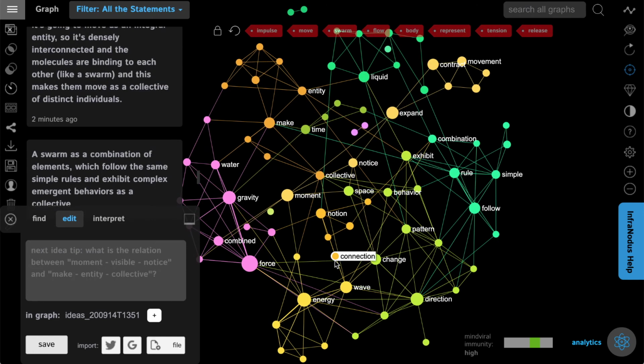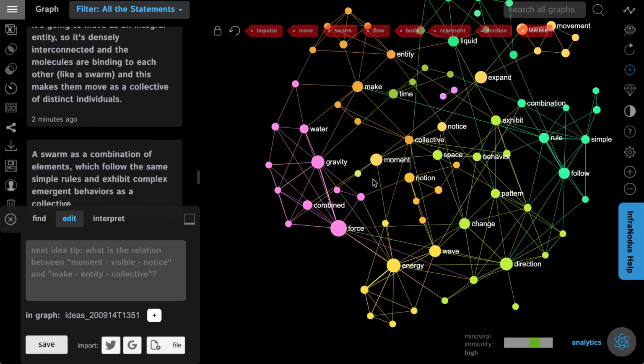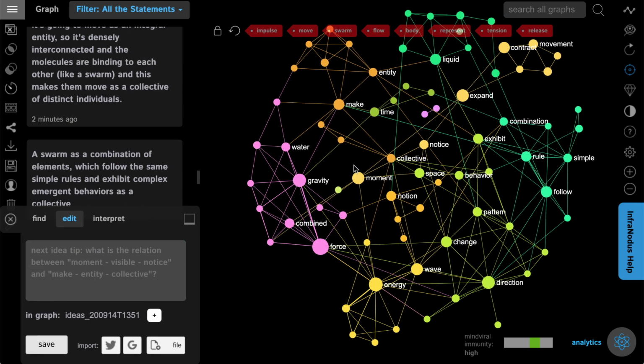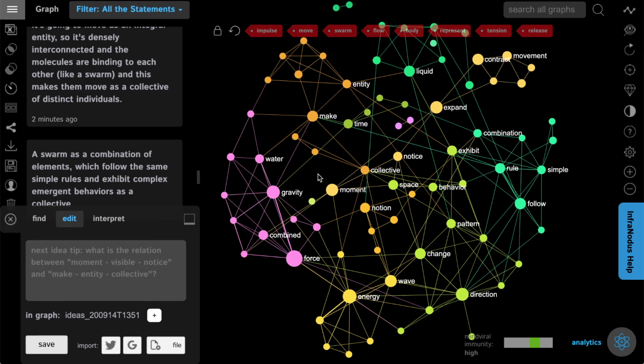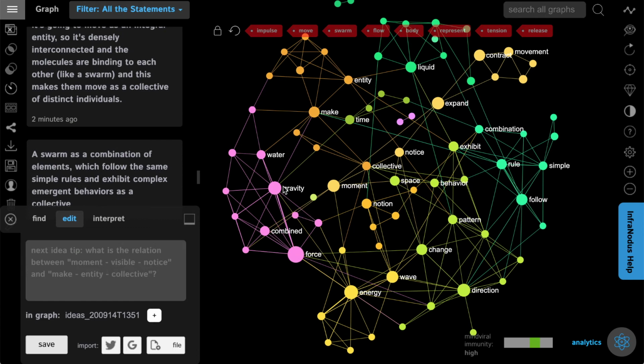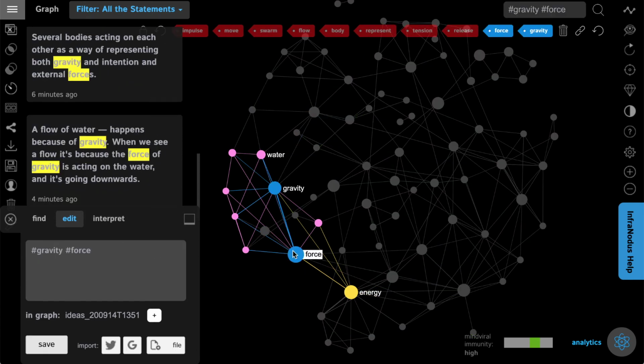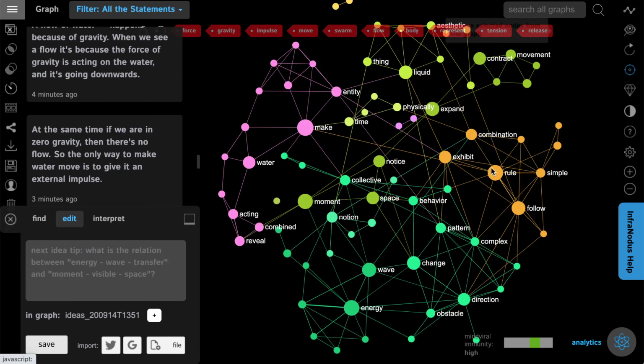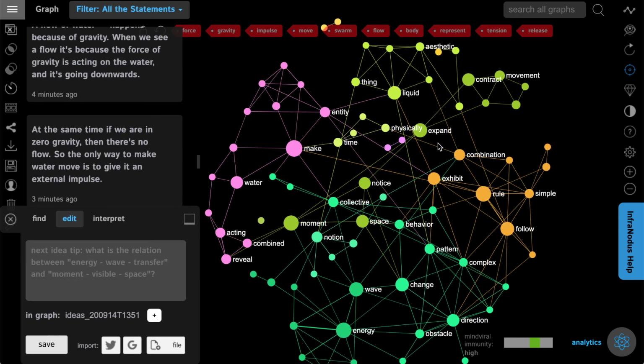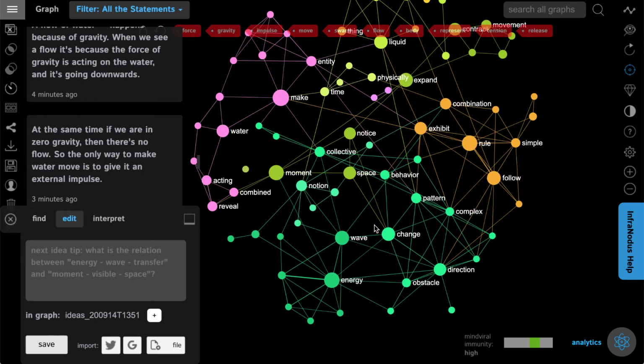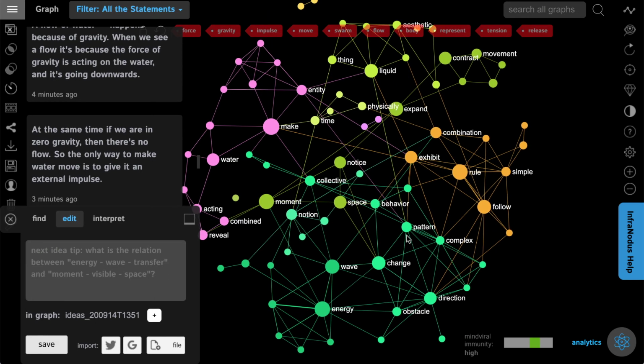Okay, so this is a nice way to reveal the latent topics which are important but maybe not so visible at first sight. So here we see also gravity force, we talked about that. Okay, delete them. Following the rules, liquid, expand, wave, energy.